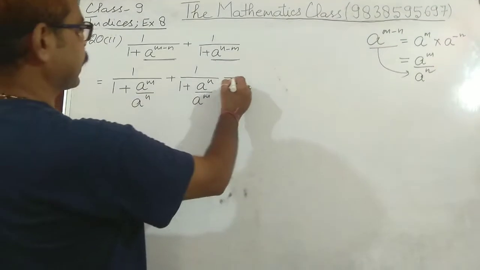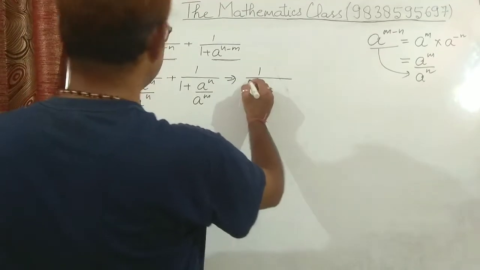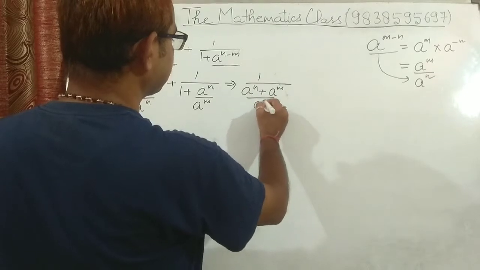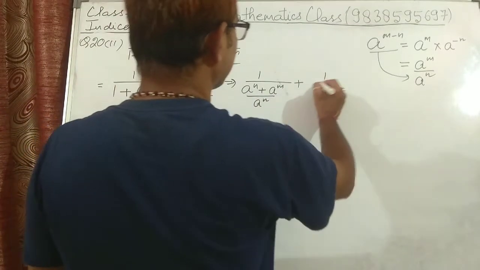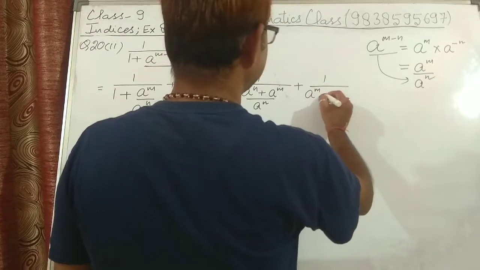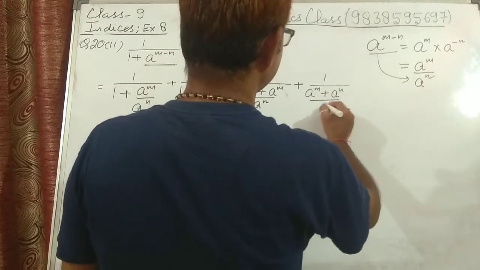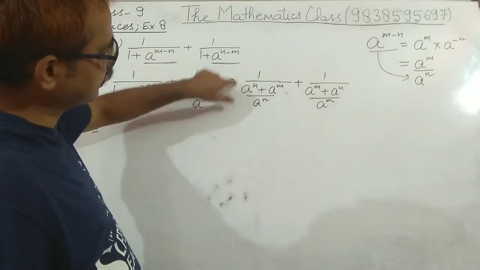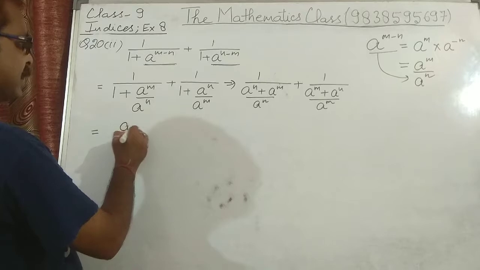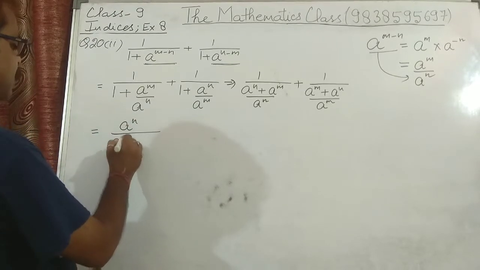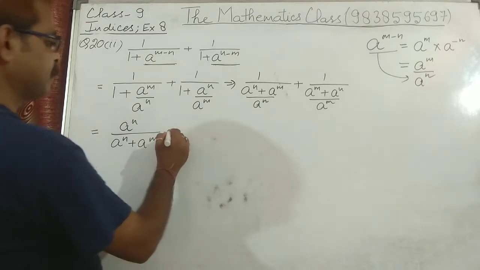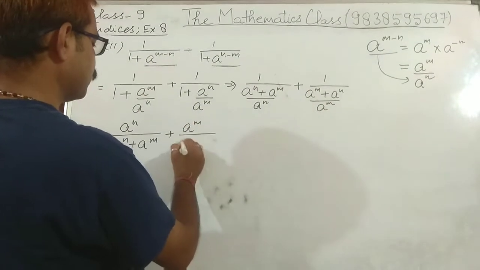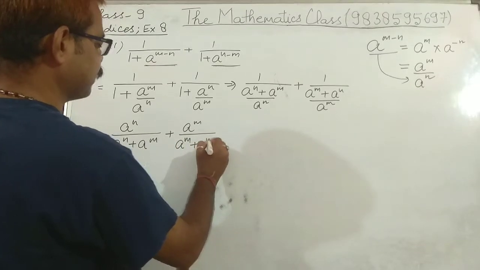This can be written as 1 upon (a to the power n plus a to the power m) whole upon a to the power n, plus 1 upon (a to the power m plus a to the power n) upon a to the power m. Now the denominator's denominator will go to the numerator. So it can be written as a to the power n upon (a to the power n plus a to the power m) plus, this will again go to the numerator, a to the power m upon (a to the power m plus a to the power n).